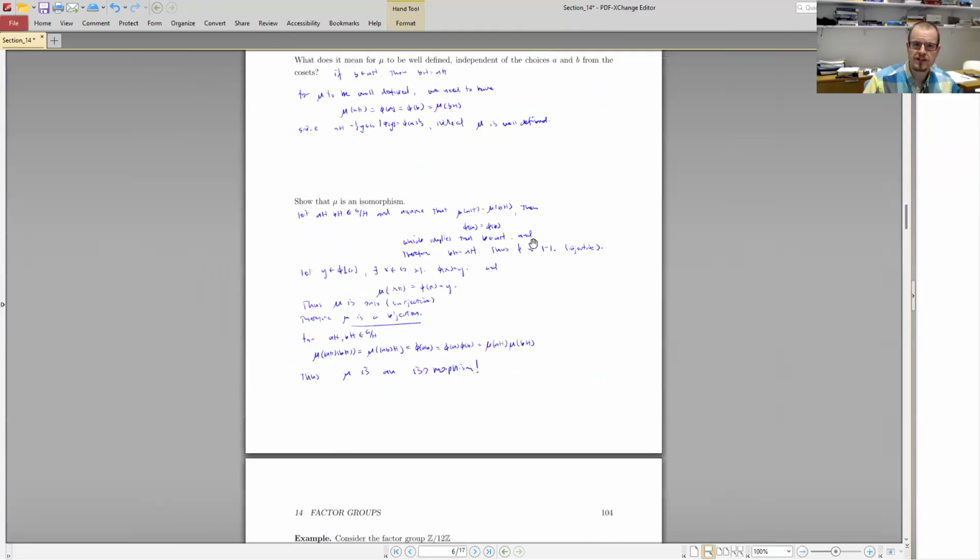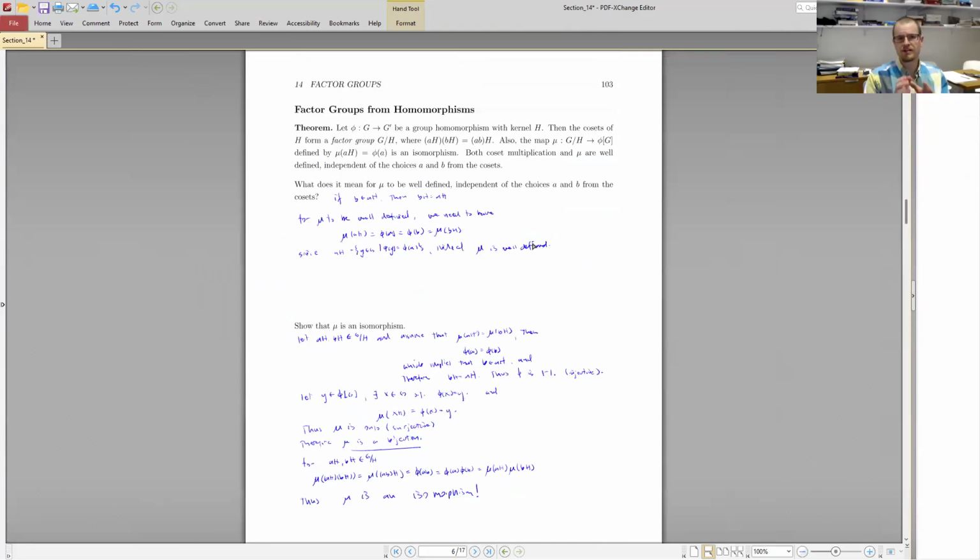That's all that we really wanted to discuss here. Again, the theorem itself isn't much new. It just introduces to us this idea of mu, a mapping from G mod H into phi of G, which is an isomorphism, which seems a little bit weird, but again, there might be a lot of things in G that map to just a few things in the image in G prime.